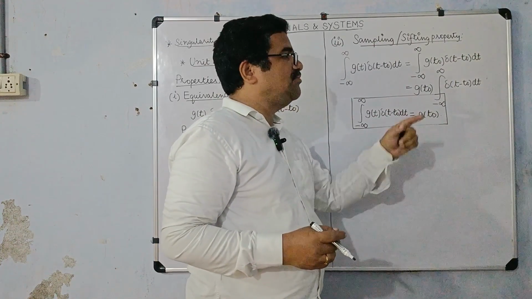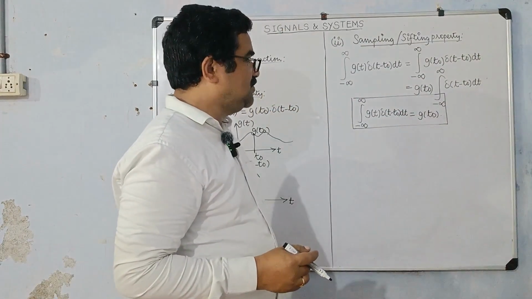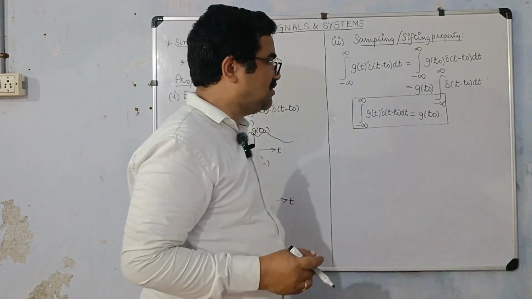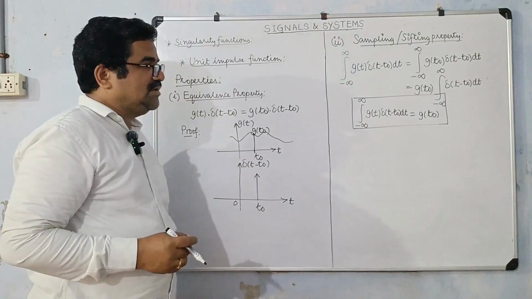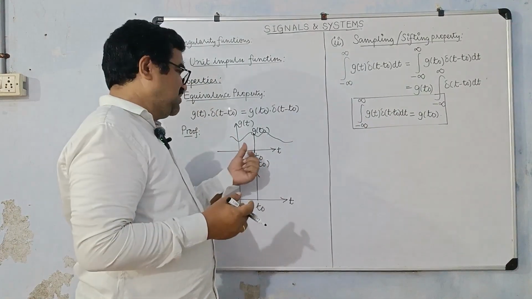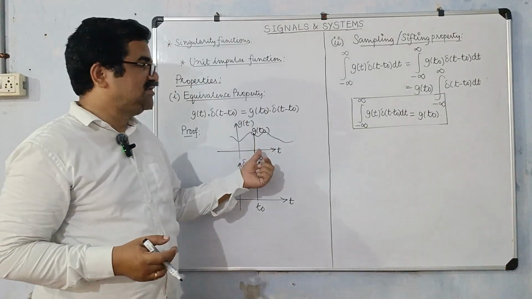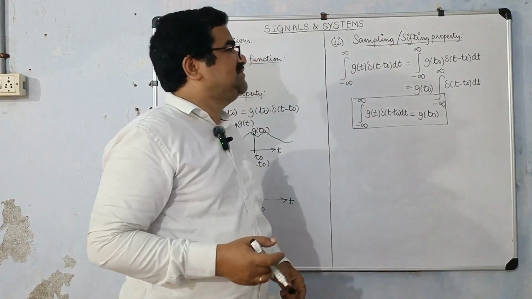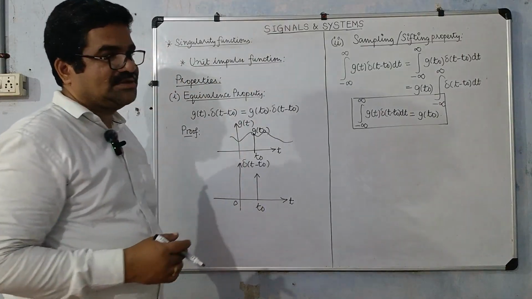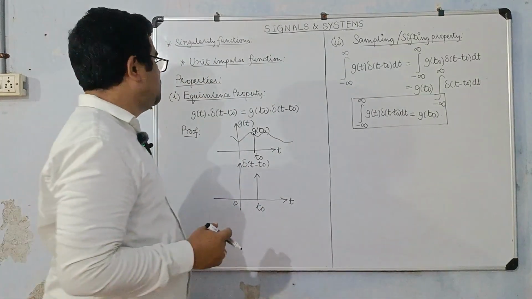So we are taking a sample of g of t using the unit impulse. That is why you call it the sampling property, or the unit impulse is shifting. It shifts one of the values of g of t. That is why you call it the shifting property. So these are the two important properties of unit impulse function.